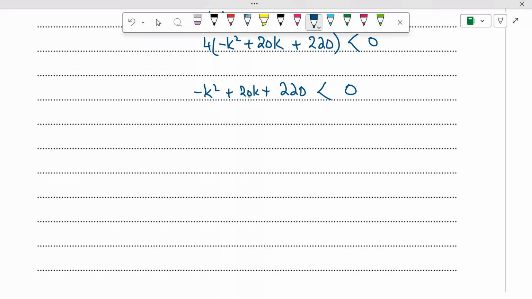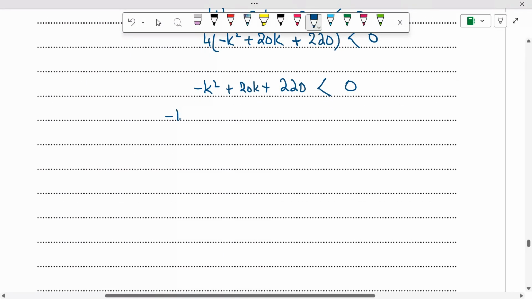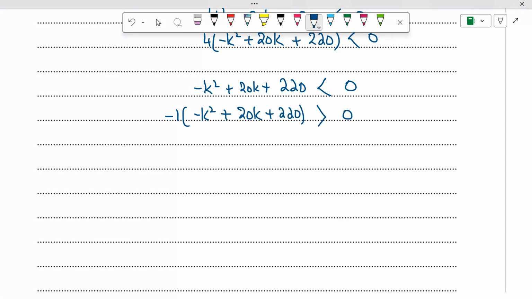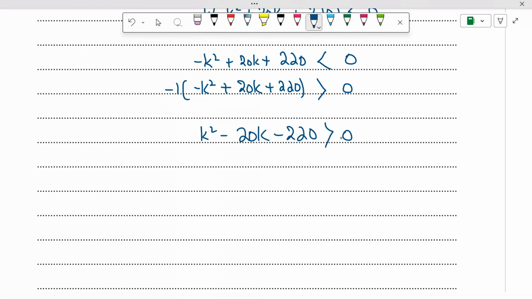If we multiply by negative 1, the sign will change. So negative 1 times negative k squared plus 20k plus 220 is greater than 0. So this becomes k squared minus 20k minus 220 greater than 0.